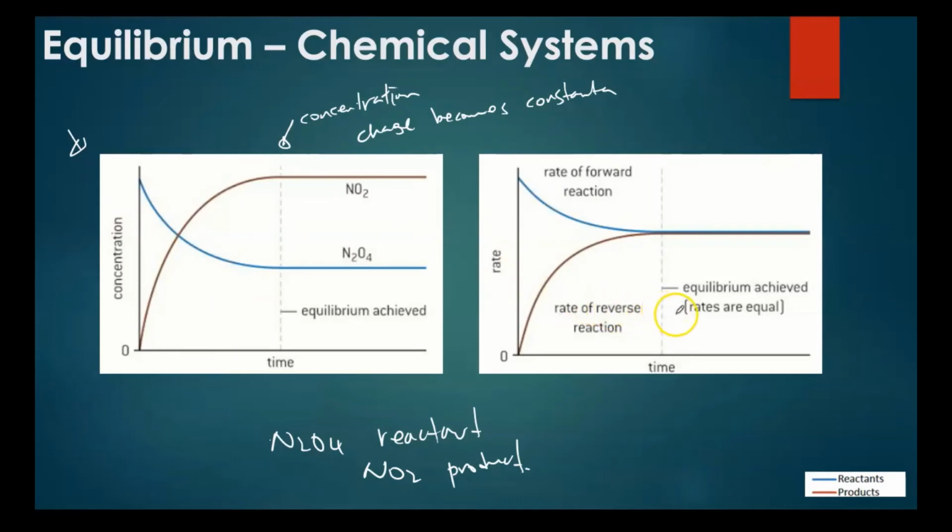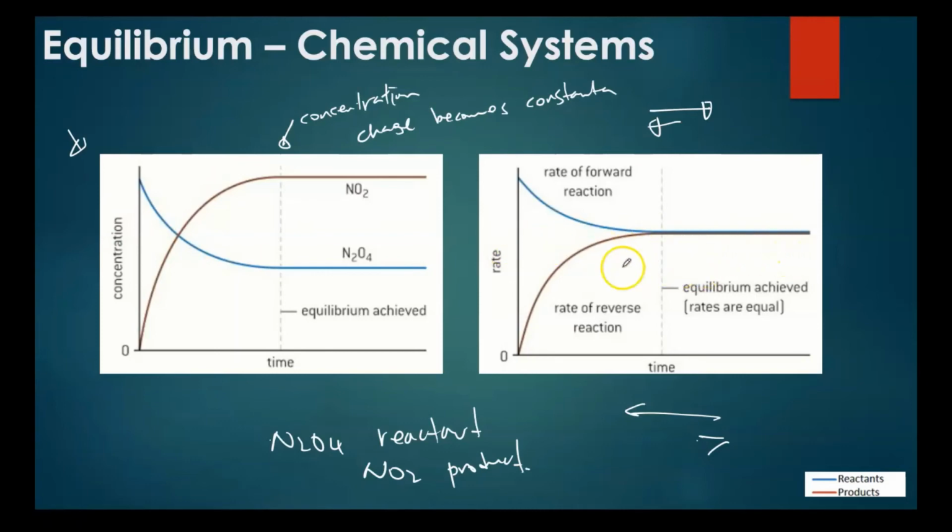However, if we are explaining this graph again with the speed, when the speed of the forward reaction, which means it's going to the product side like this, and the speed of the reverse reaction become constant or the same over time, then we say the equilibrium is achieved.